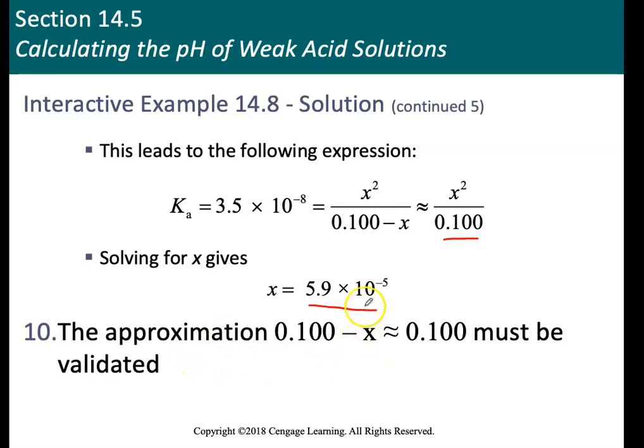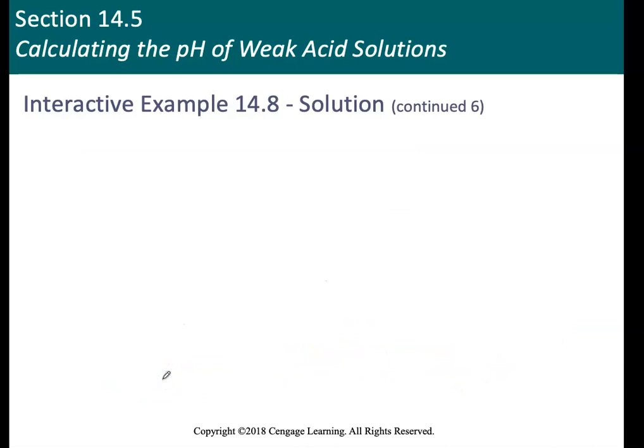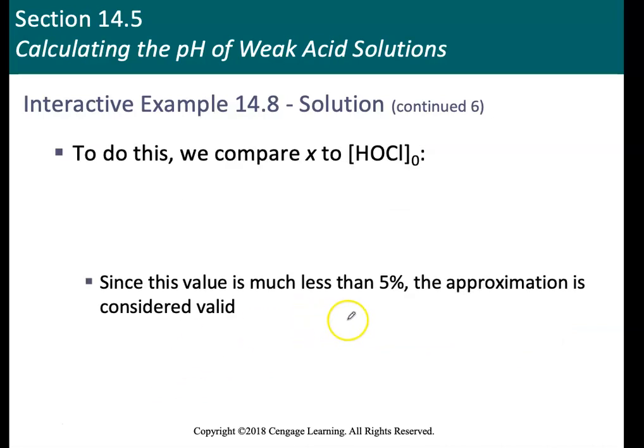Now, when you make this determination, there is an approximation that you have taken: the approximation that 0.1 minus X is 0.1. It must be validated. What is the criteria? The criteria is that the value should be less than 5% of the quantity that we are looking at.